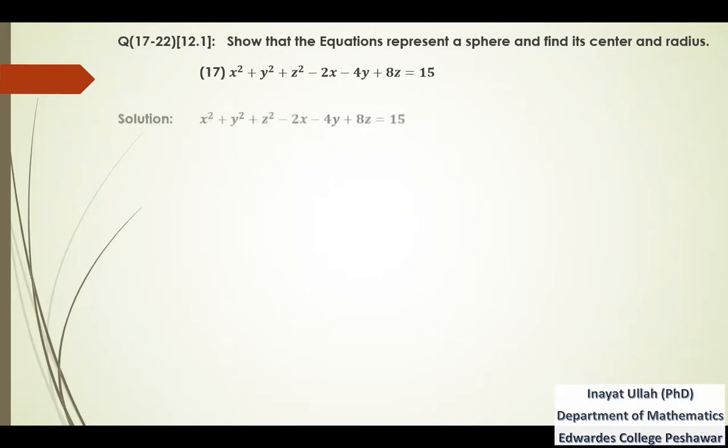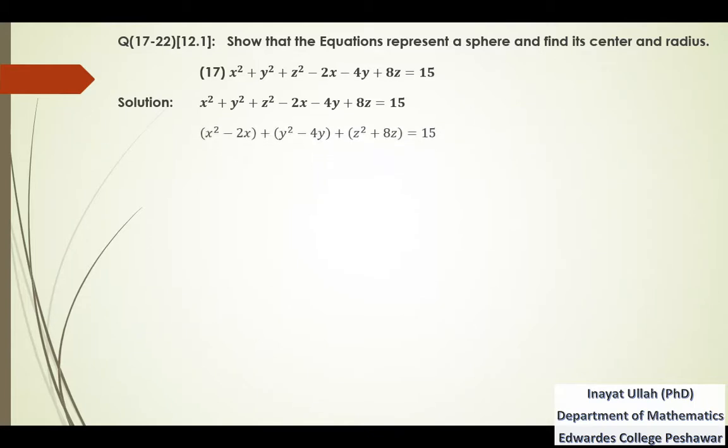So first of all, this is the given equation. Combining the terms containing x, this term and that term, combining the terms containing y, and combining the terms containing z is equal to 15. Now this step is very important. That is x square minus 2x.